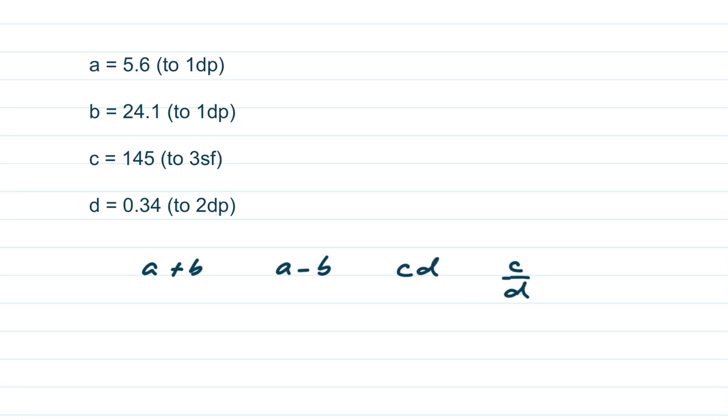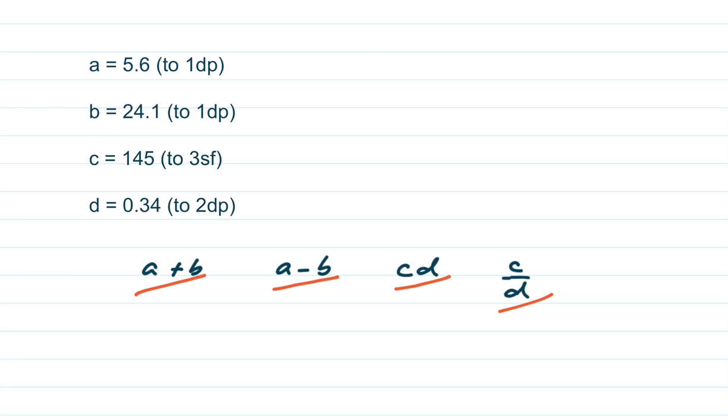C is equal to 145 to 3 significant figures, and D equals 0.34 to 2 decimal places. What we are looking for is to find the lower and upper bounds for A plus B, A minus B, C times D, and C divided by D.